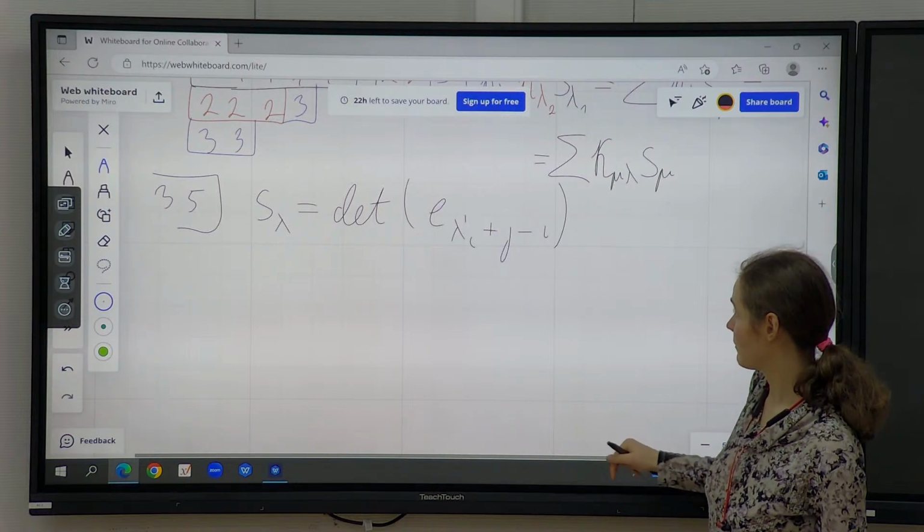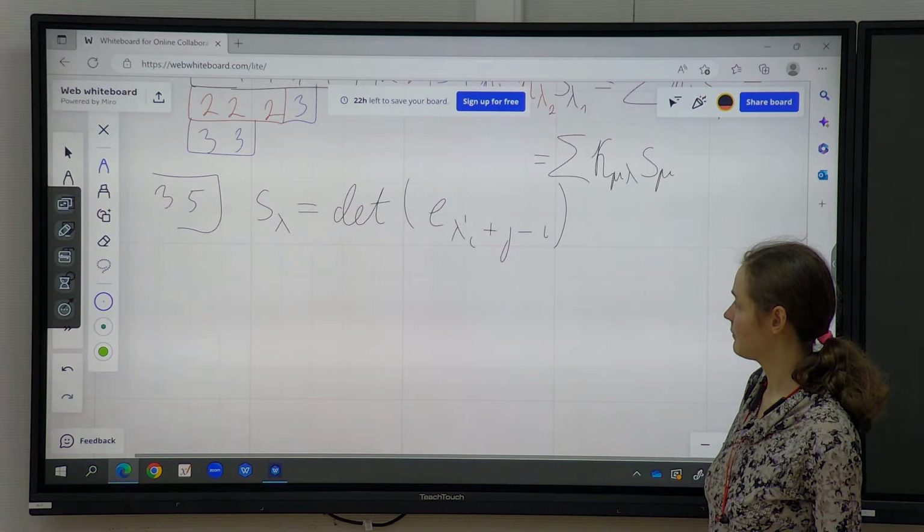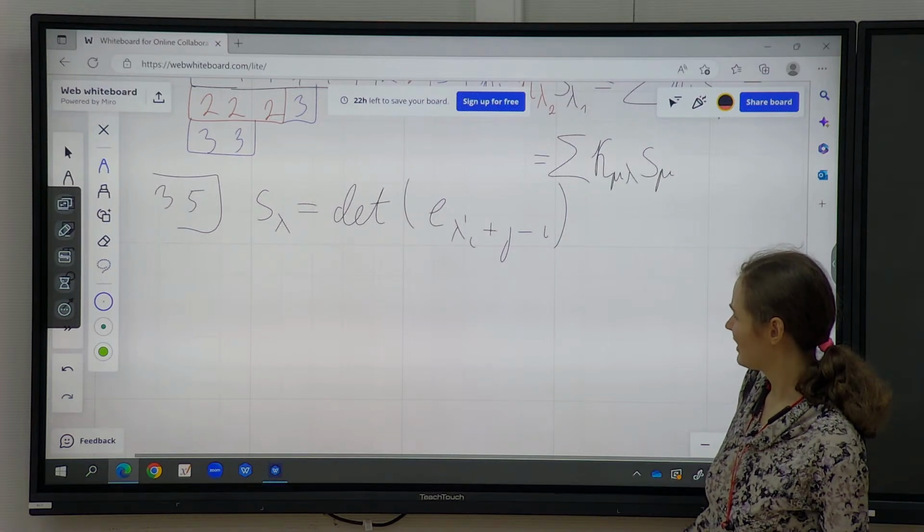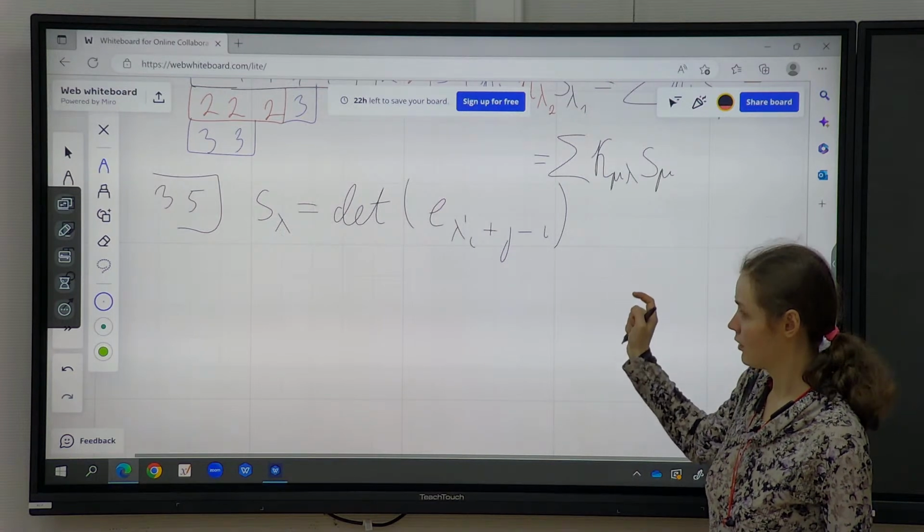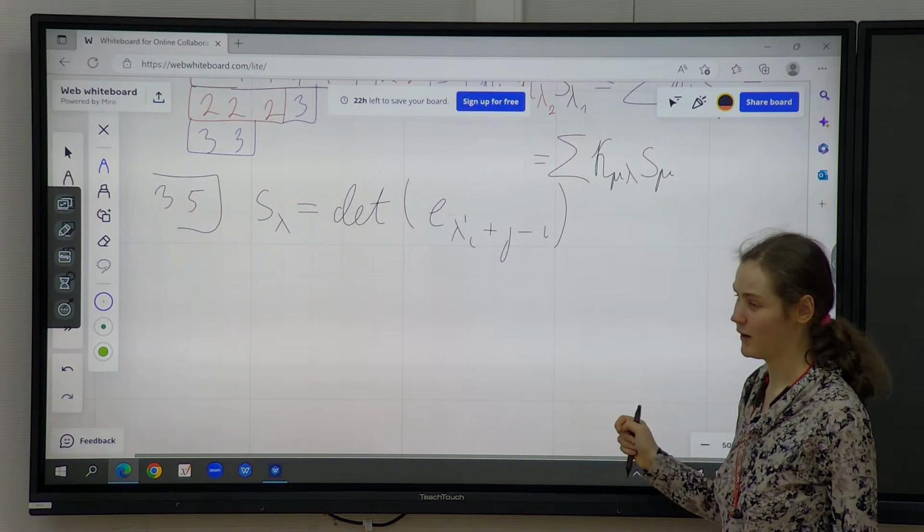So when we proved this formula for h's, we took rows of our Young diagram.